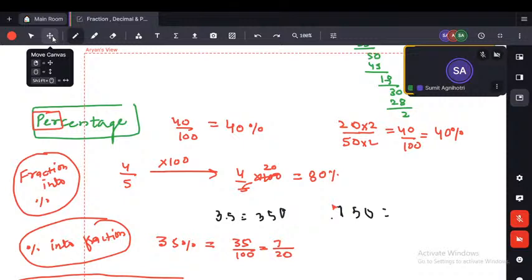Then you can multiply this 5 with 2, you will get 10 over 3. And this 10 over 3 is equivalent to 3.33, or 3 and 1 over 3. I think you must be okay now. Tell me, Aryan, if any difficulty, I will repeat it. Oh yeah, it's right now. Okay, you fine now? All right.